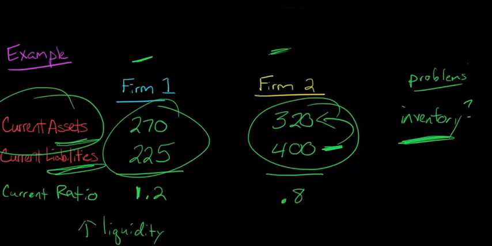We know that receivables, cash, and marketable securities are liquid, but inventory in certain times might not be that liquid. In such cases, the current ratio might not be what we want to look at. We would actually look at something called the quick ratio, which we're going to talk about in the next video, and it's basically the same thing as the current ratio except it excludes inventory.